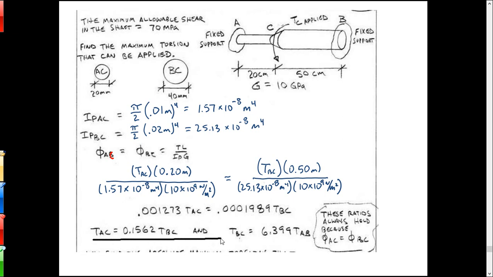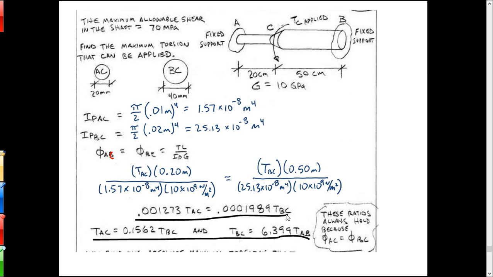And so what I can do here is I can get a relationship between the torsions. I can just work that down mathematically. The first thing I did was just crunch the numbers, and what I got there was 0.001273 TAC is 0.0001989 TBC, okay?